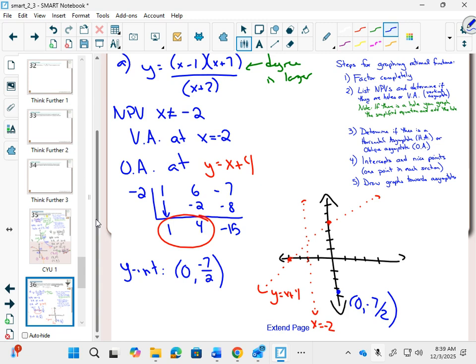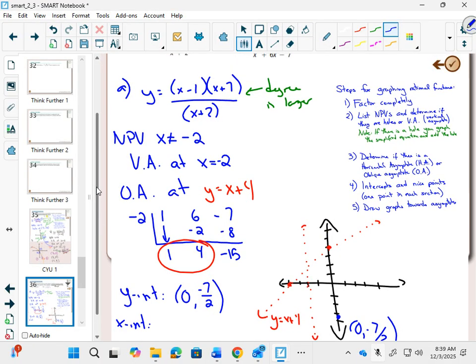Second, x-intercepts. And the x-intercepts are really easy to see from the numerator of your factored equation. Because if I plug in 0 for y, the only way a fraction can ever equal 0 is if your numerator is equal to 0.